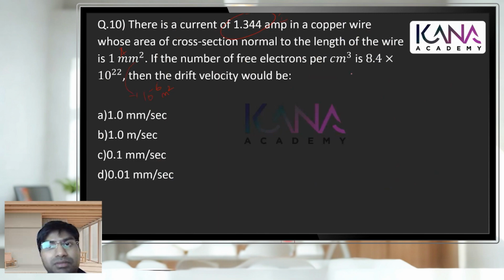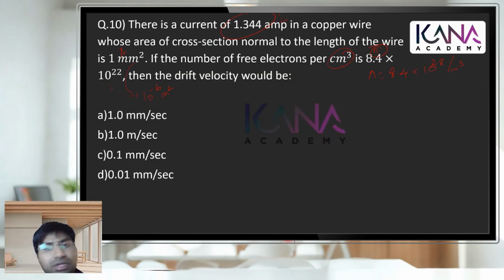And then the free number of electrons is given as n, and we need to find the drift velocity. But this n is per centimeter cube. In per meter cube, 10 power 22 would become, n would become 8.4 times 10 to the power 28 per meter cube for iron.